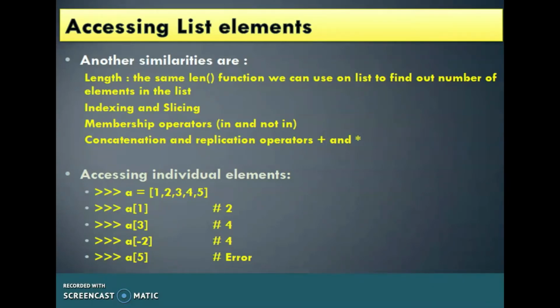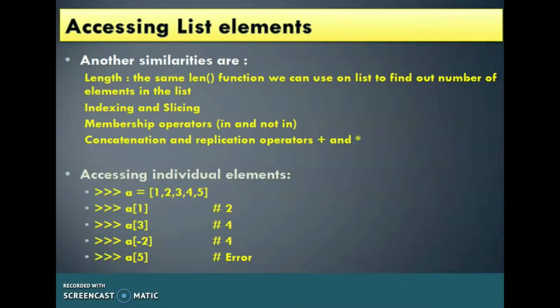Indexing means index positions, forward indexing and backward indexing. How can we access the elements? List of 1, the first index element we can identify. Slicing means we are extracting some values from this particular list, from 1 to 3. So we can use this 1:4. So 1, 2 and 3 values we can see.